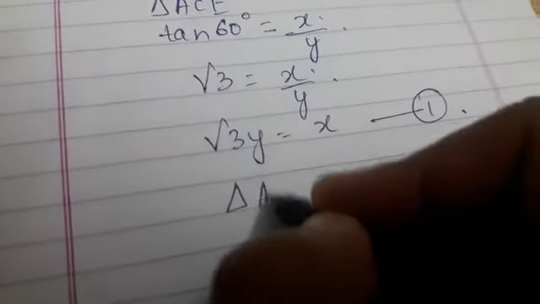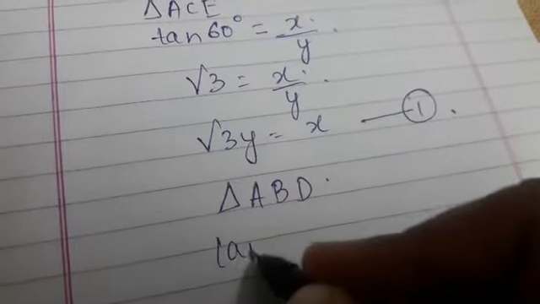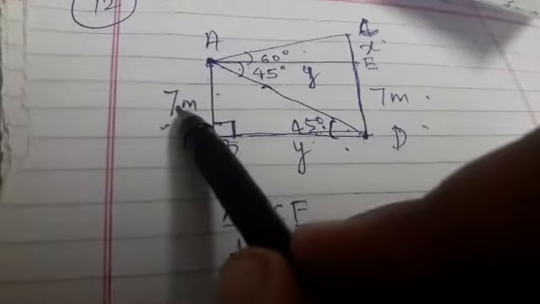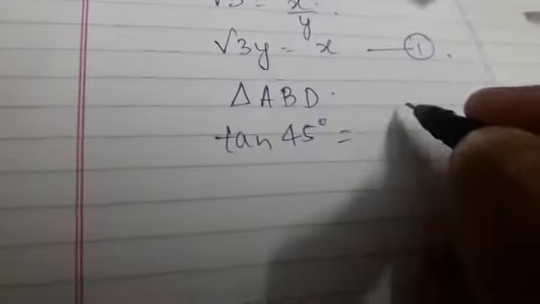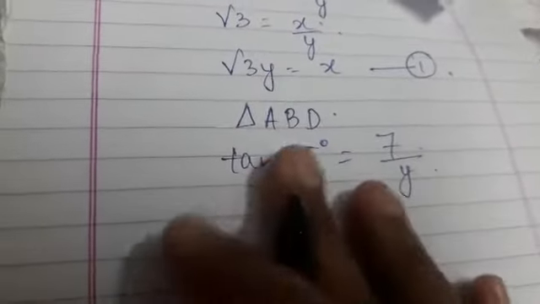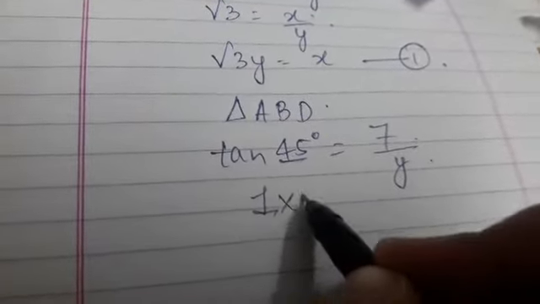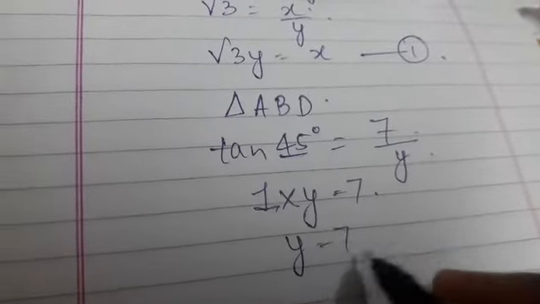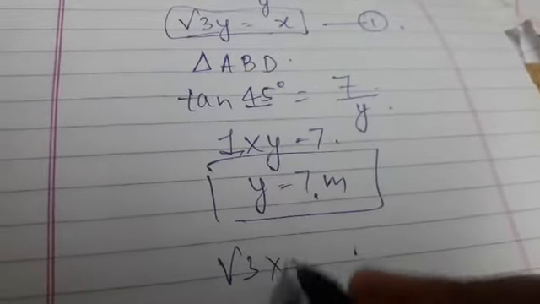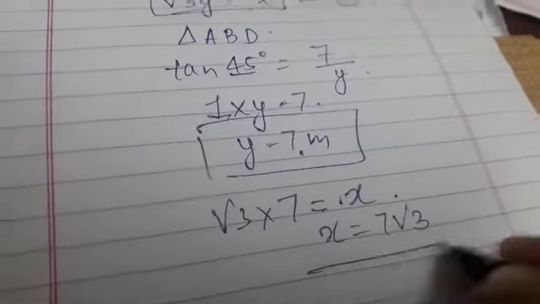In the same way, triangle ABD, tan of 45 degree will be equal to 7 by Y, opposite upon adjacent. So therefore tan 45 is equal to 1, so 1 into Y is equal to 7, Y is equal to 7 meter. Now Y is equal to 7 meter, and in this equation I'm going to substitute the value of Y. I will get root 3 into 7 is equal to X, or we can write X is equal to 7 root 3.